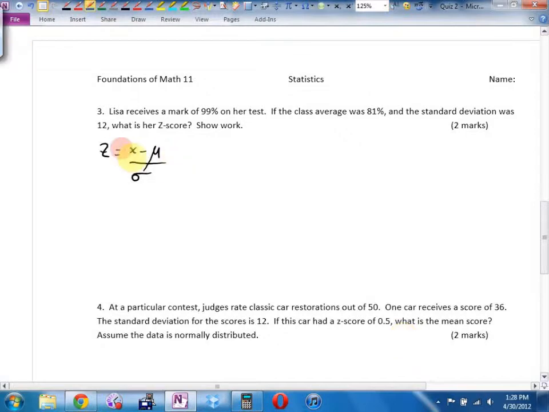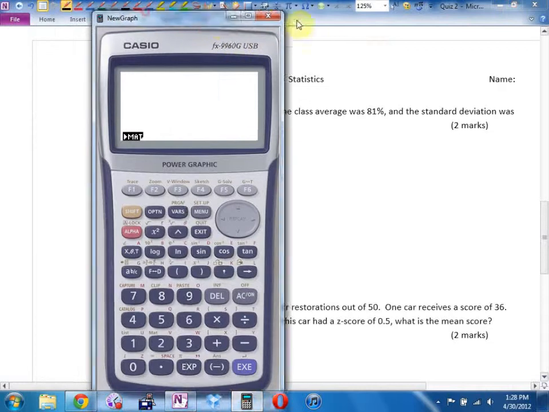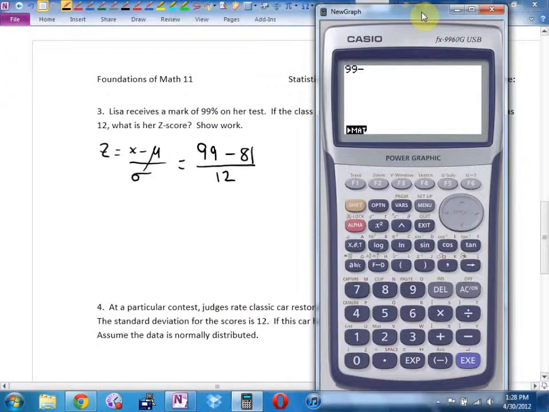So Z is equal to X minus the mean all over the standard deviation, which is going to be, X is her actual score, minus the average, which was 81, divided by the standard deviation of 12. 99 minus 81, enter, divided by 12. Or put the top in brackets to do it all on one line. Is her Z-score 1.5?